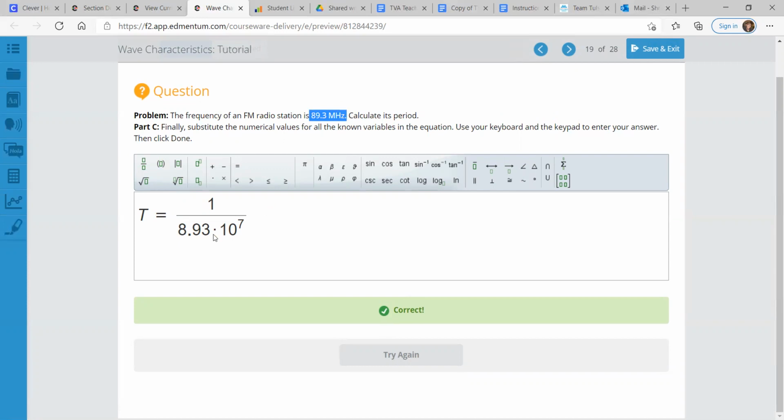And this is because mega is another way to say times 10 to the 6th power.